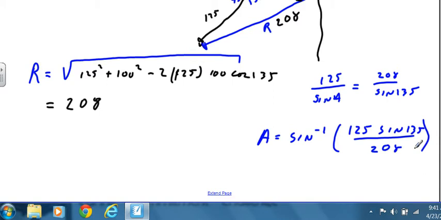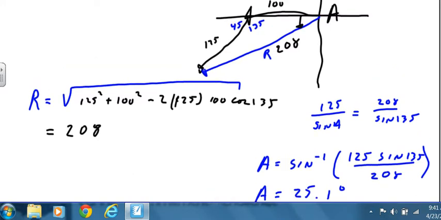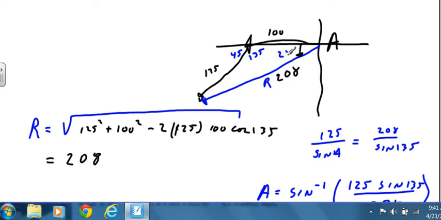All right, so arc sine of 125 times the sine of 135, close parentheses, divided by the answer that I just had, close parentheses, equals. So I get my A is 25.1 degrees, and I have 3 significant digits, so I should keep it at 3 significant digits. All right, so this angle is 25.1 degrees. Okay, halfway done.